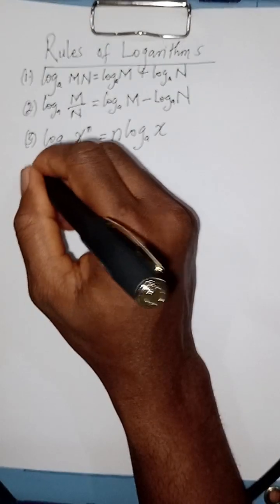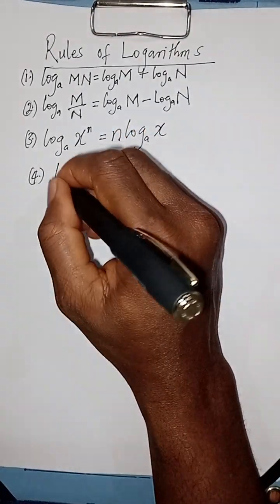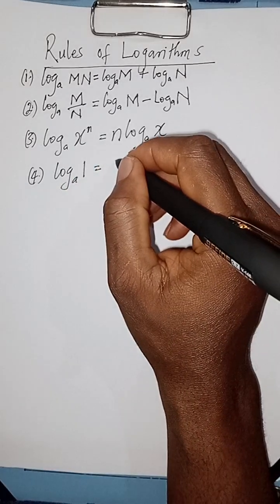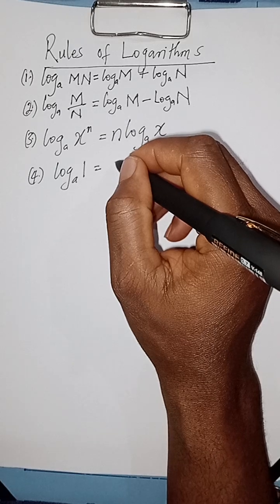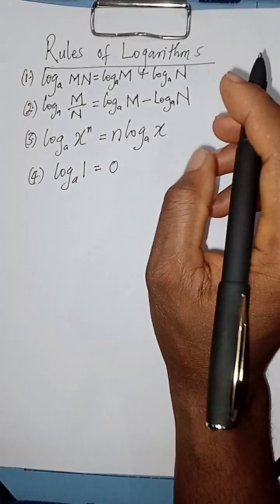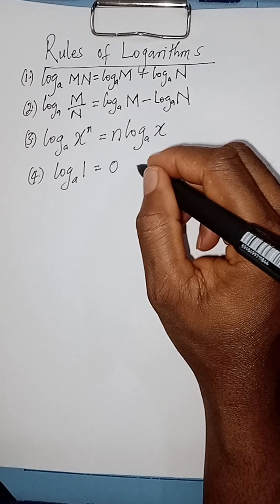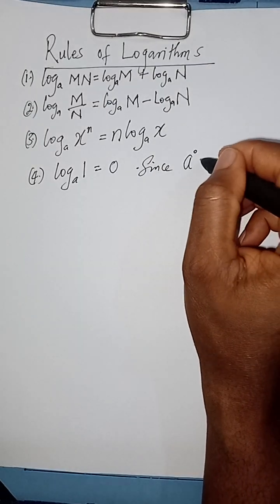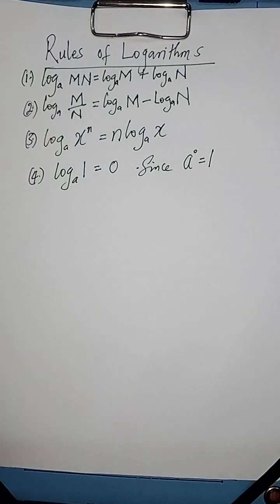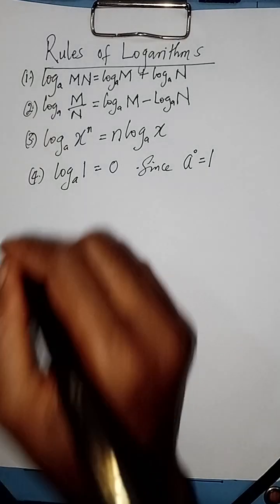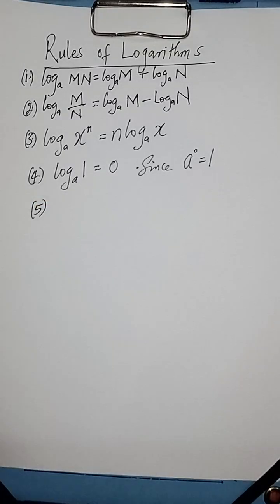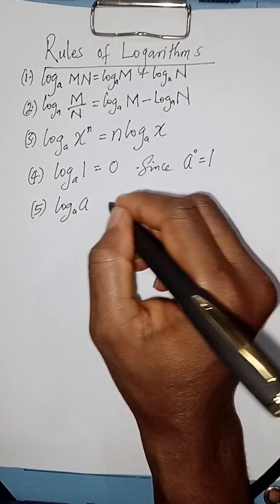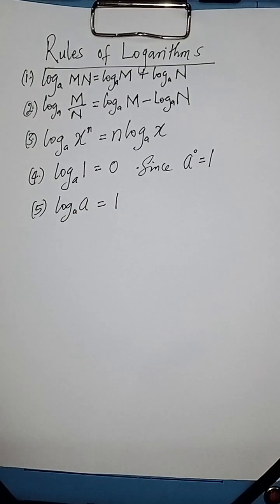Rule number four, log 1 to a base, could be any base, in this case base a, is equal to 0. Now this is so because a raised to power 0 is equal to 1. Now rule number 5, if I have log a to base a, this is equal to 1.